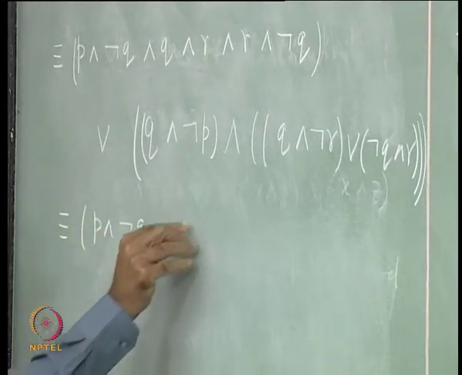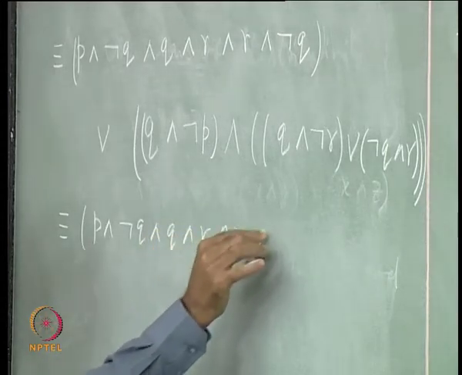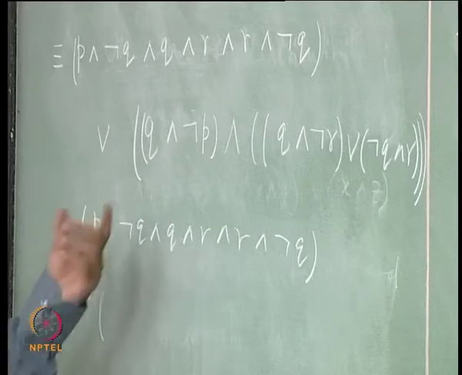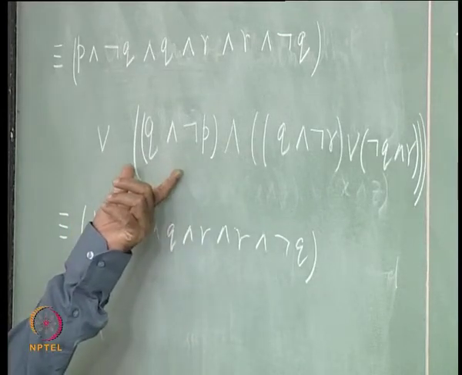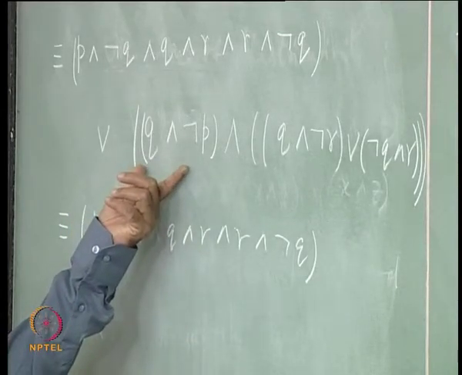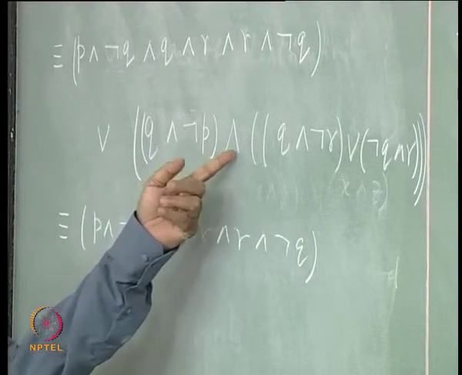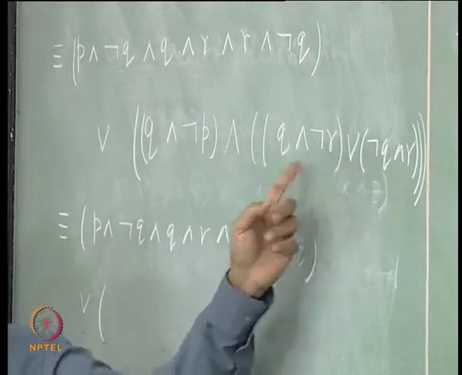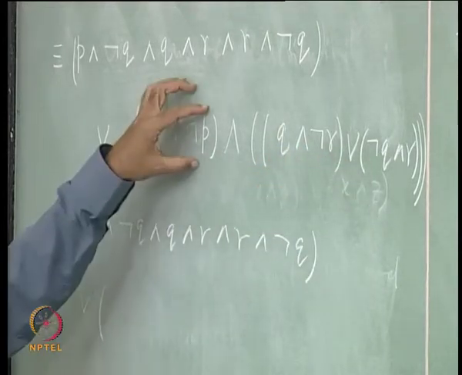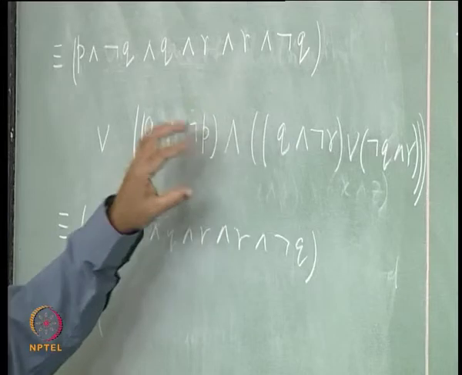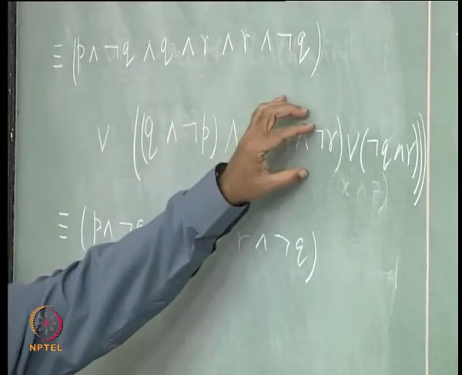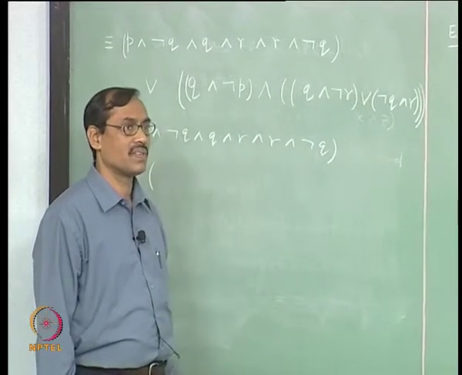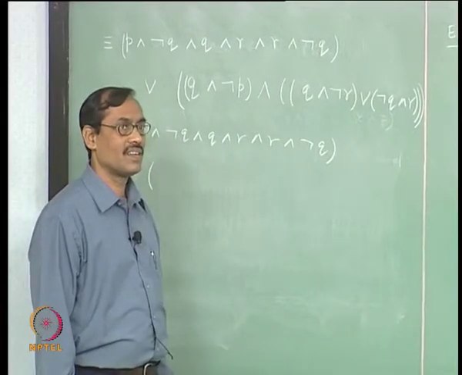We just keep it as it is, or so which one to distribute? This and only OR is here. Okay. Inside also you can distribute, but then suppose I take this and distribute this and, it becomes this and this, or so you need another distribution. Okay.